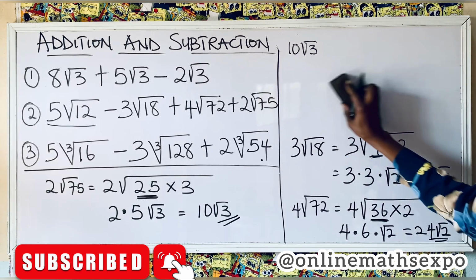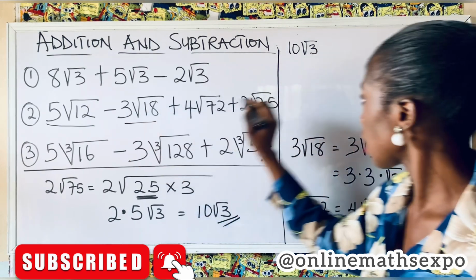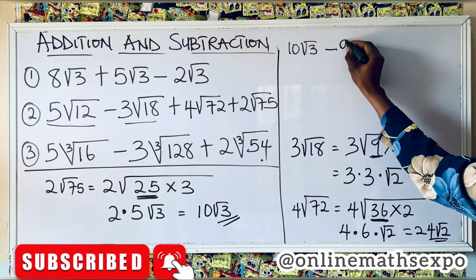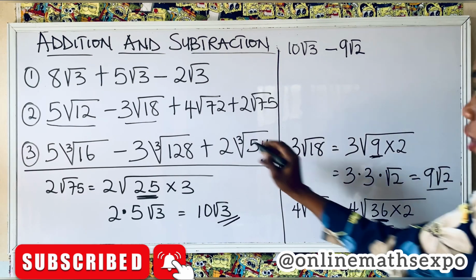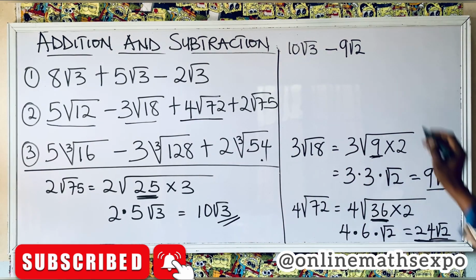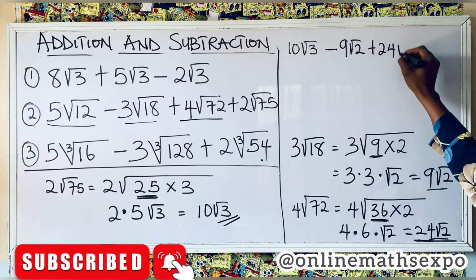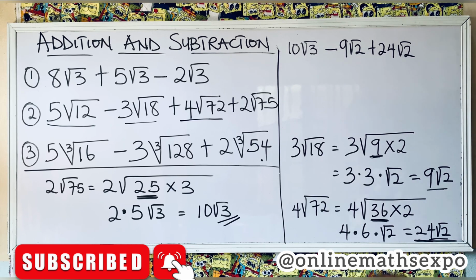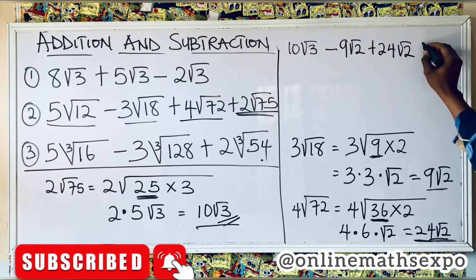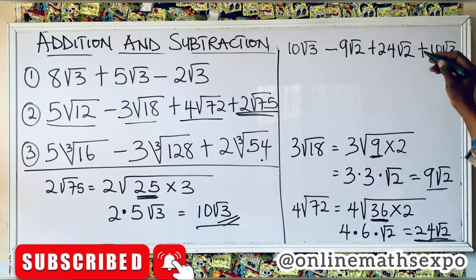I hope that is clear. Then for this, I'm going to replace it with what I have here, which is 9 root 2. For this, what I have is 24 root 2. I hope you are seeing how simple it is. Then lastly, this, what I have there is 10 root 3. You see how we've been able to reduce it.